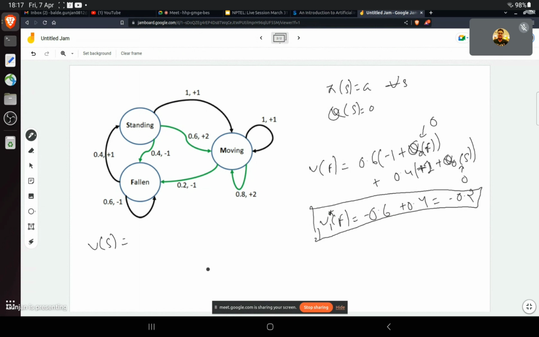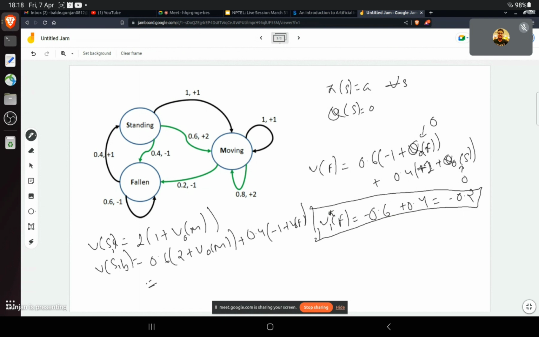1 times V0 of moving plus 1, right? So this will be for the action A. And then similarly for action B, it will be 0.6 times V0 of m plus 2, plus 0.4 times V0 of f minus 1, right?